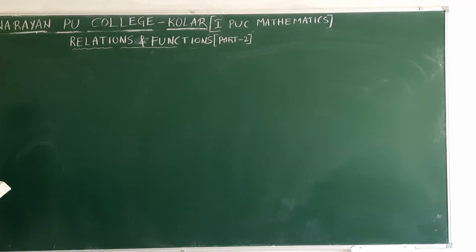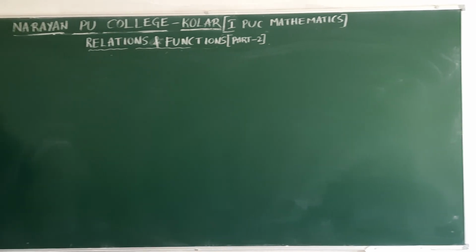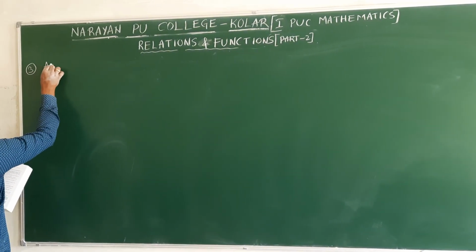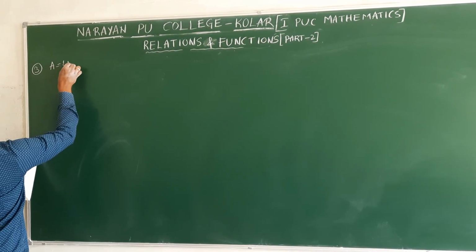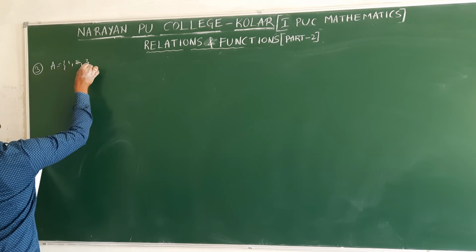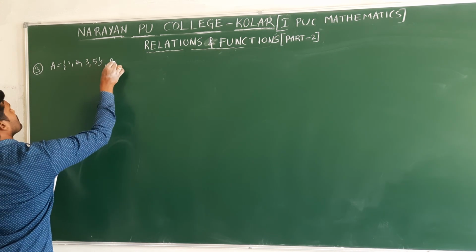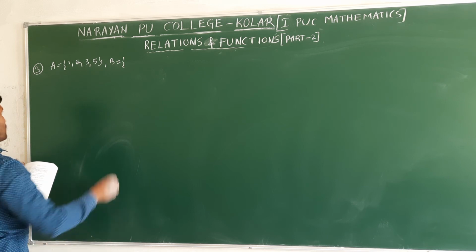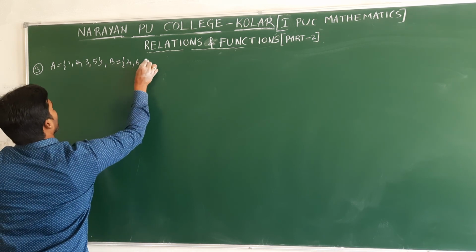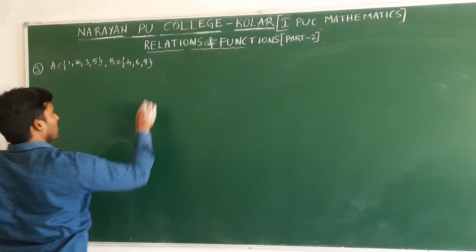So next one, question number 3. A equal to the set {1, 2, 3, 5}, B equal to {4, 6, 9}.